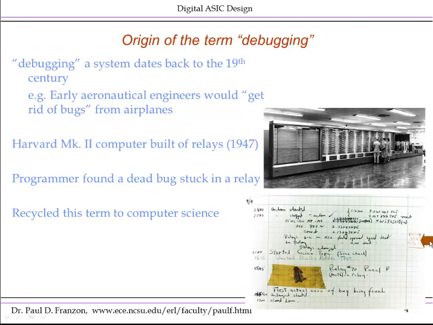The computer on the right there, that's the Mark II computer. It's not really a programmable computer like you'd run Fortran on or anything like that. It's really a big artillery calculator. And the documentation for the dead bug found in the relay is down below. And you notice, first actual case of bug being found, recycling the term.